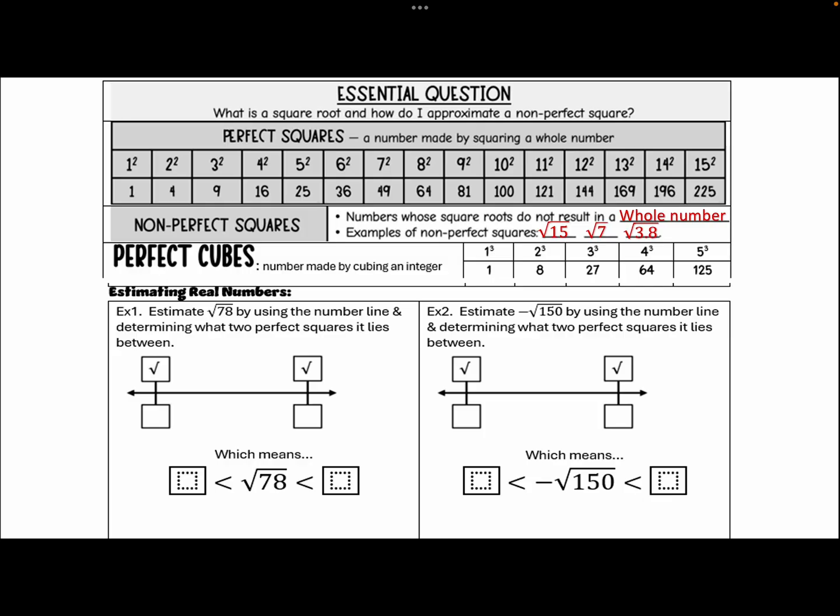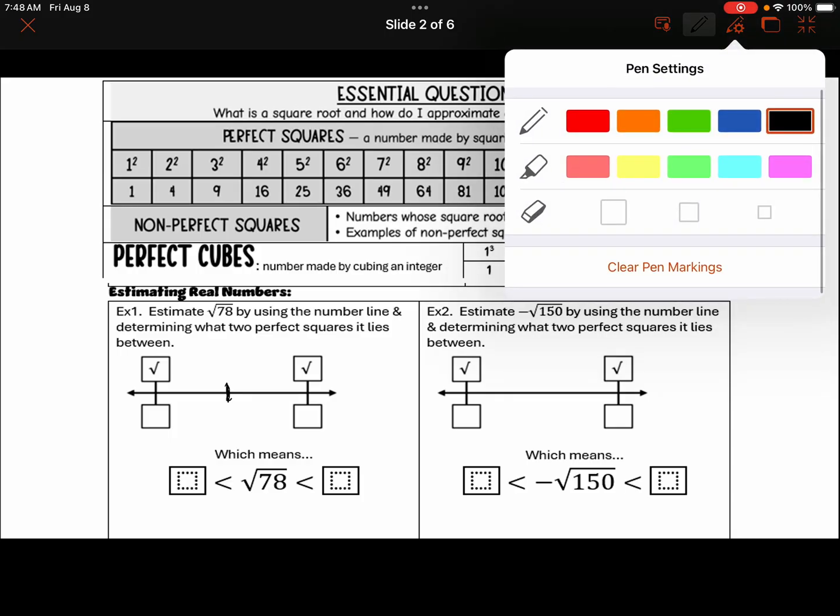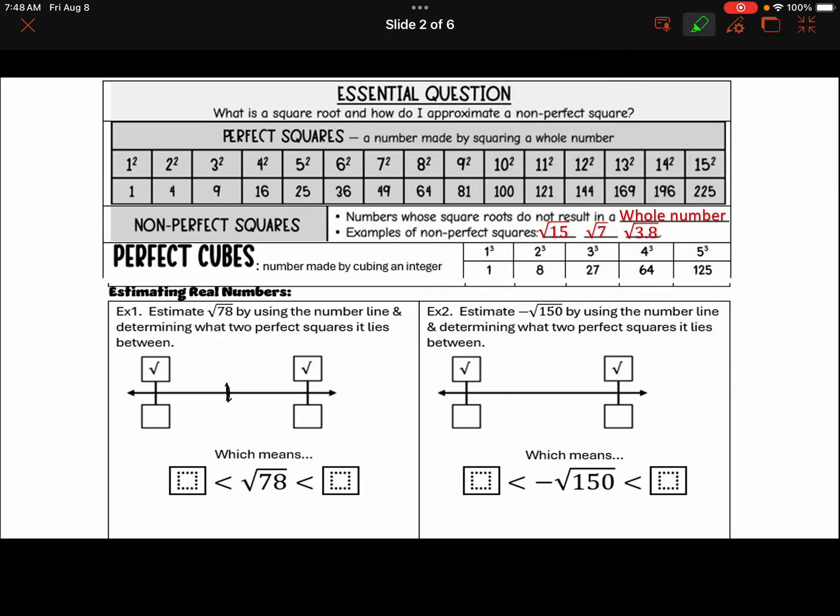So right now I've got the square root of 78, and I'm not sure where the square root of 78 belongs. I'm going to put a halfway mark up here. I am going to look at my list of perfect squares, and I'm going to ask myself, where would 78 fall?